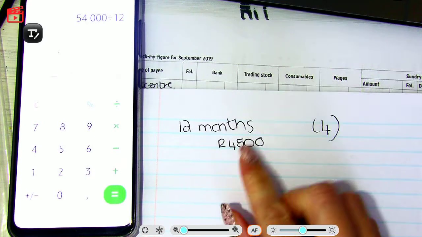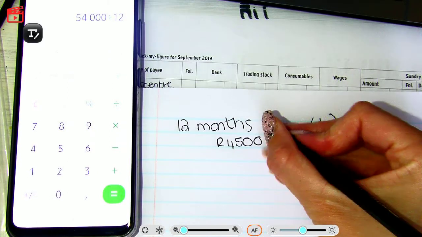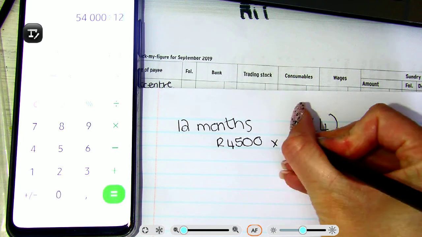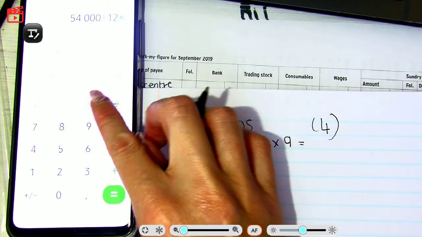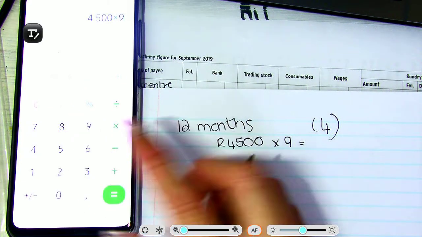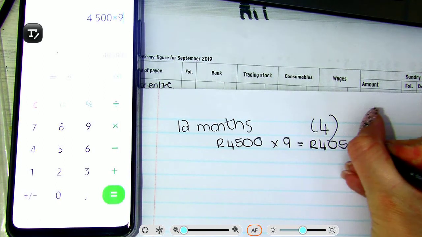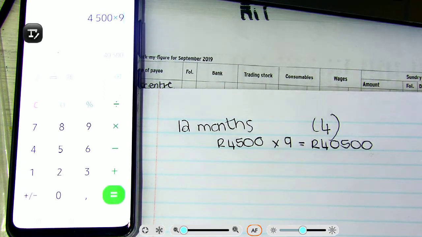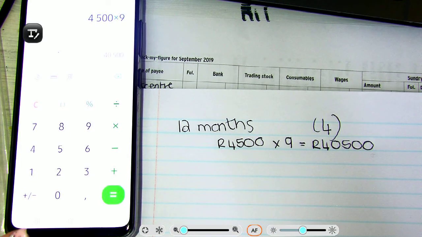Okay, so 4,500 we paid from January through to September, and that is 9 months. So 4,500 times 9 is going to give me 40,500.